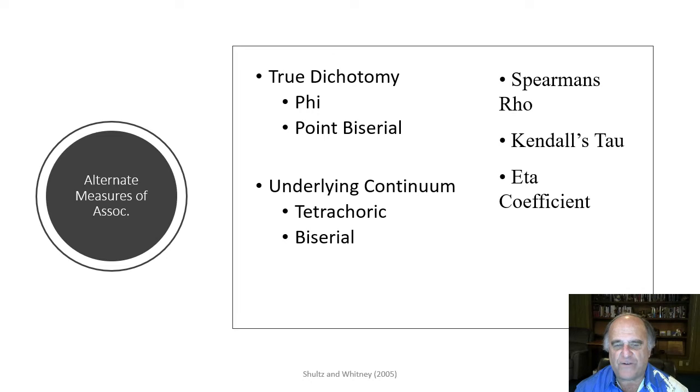So we can see, if we have a true dichotomy, we're either dealing with the phi or the point biserial. If we think there's an underlying continuum, there's the tetrachoric and the biserial. We also have Spearman's rho, Kendall's tau, and there's something called the eta coefficient as well.